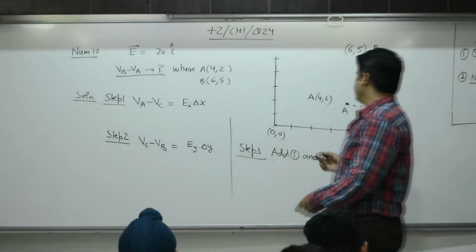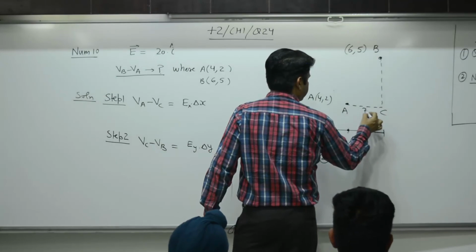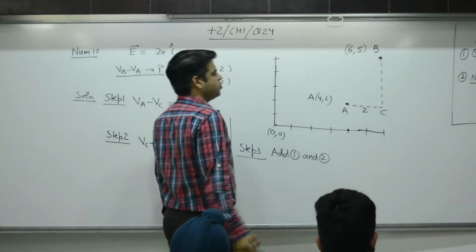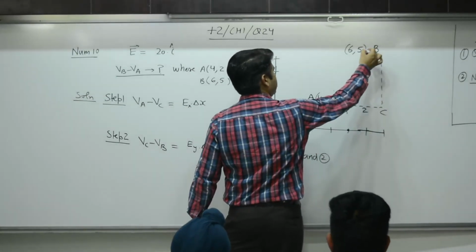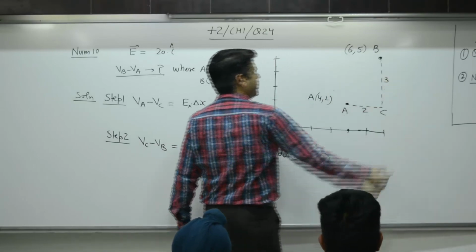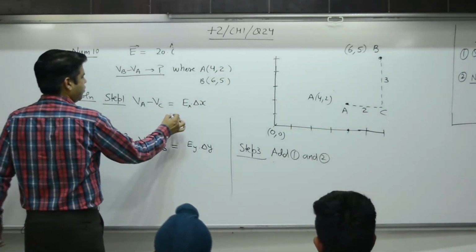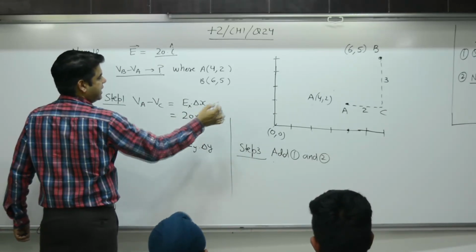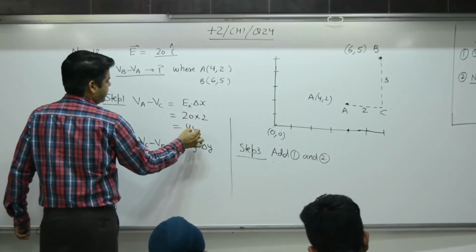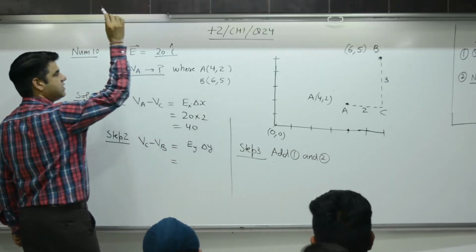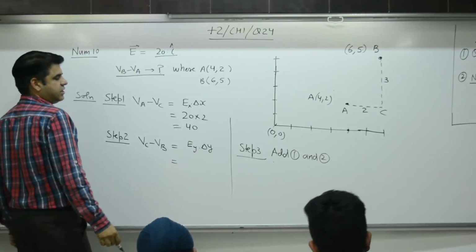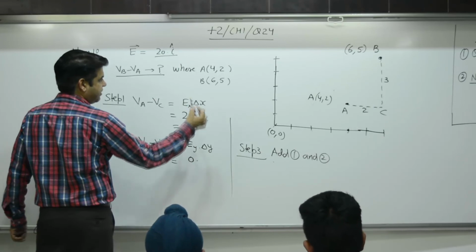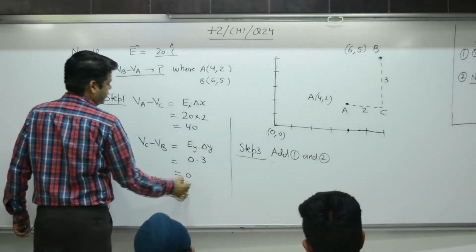This distance is how much? 2. A to C distance is 2. C to B distance is what? 5 minus 2, 3. Ex, what is the value? 20 into distance, delta x 2. So what you get is 40. Ey, is there any electric field along Y? 0. Into delta Y, whatever that value is, 3, is equal to 0.